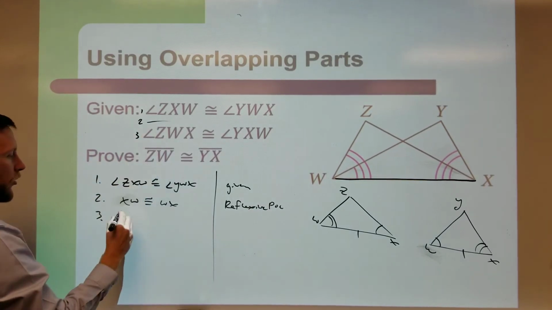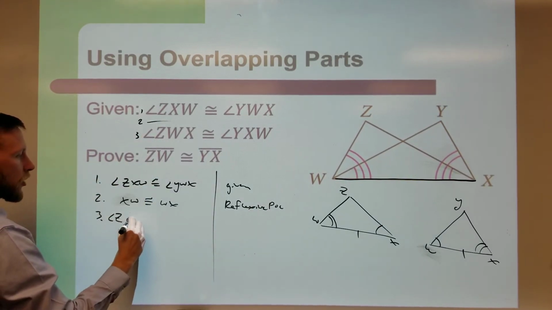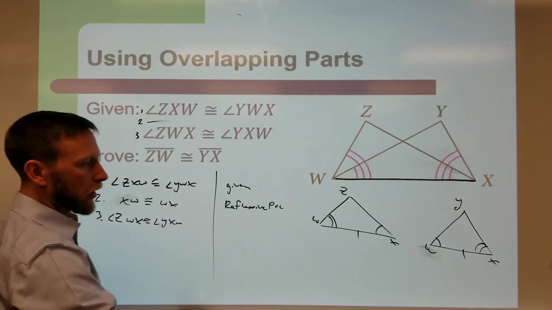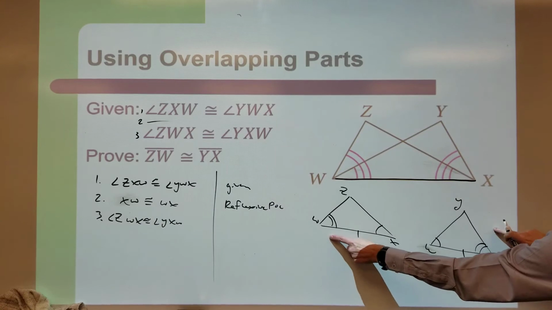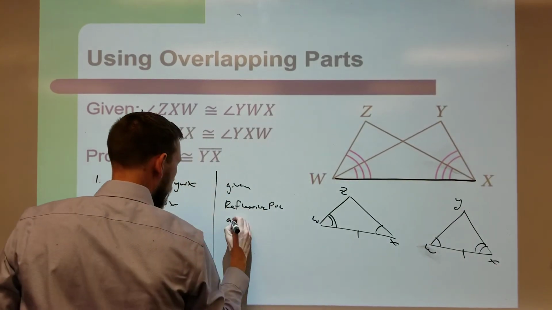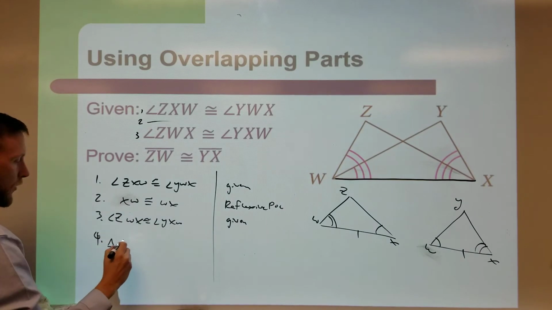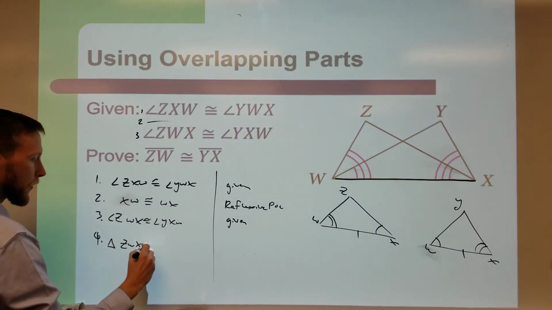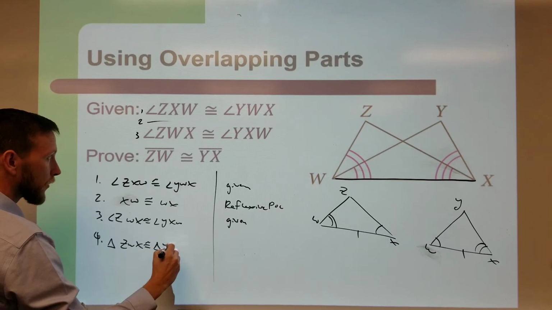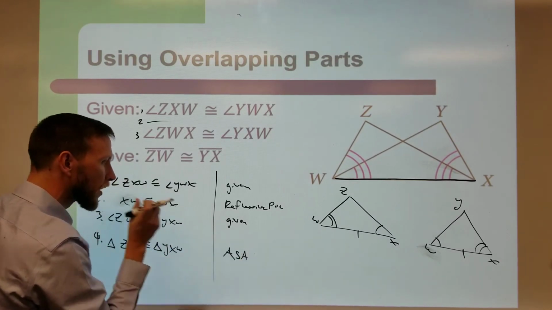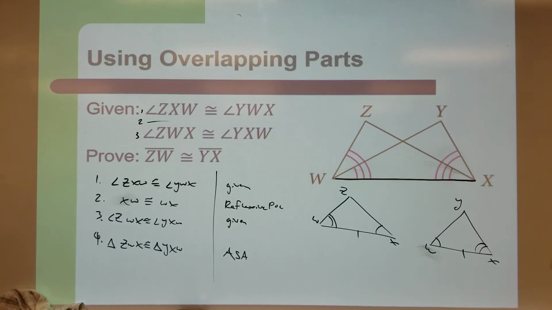The other pair of angles are given, angle ZWX and YXW. That's these two. Given information. And therefore these triangles are congruent by angle side angle. ZWX and YXW.